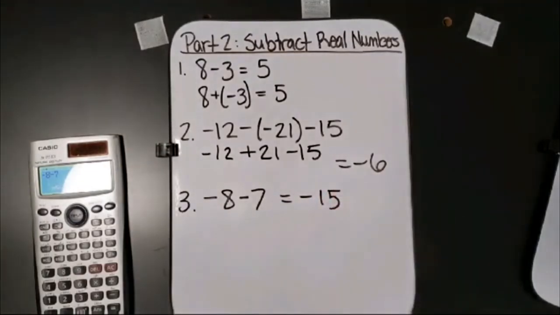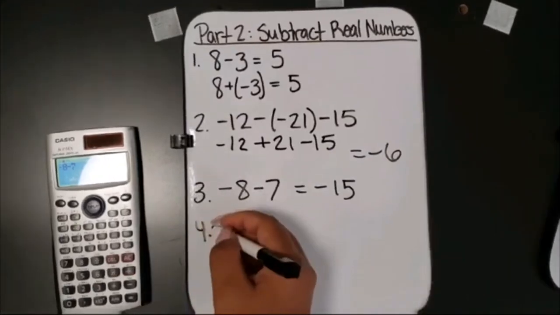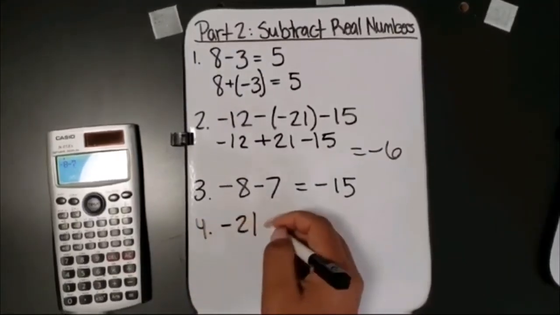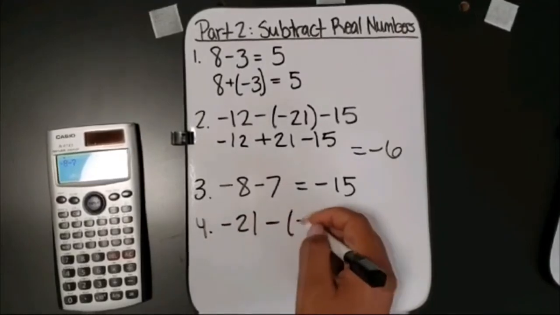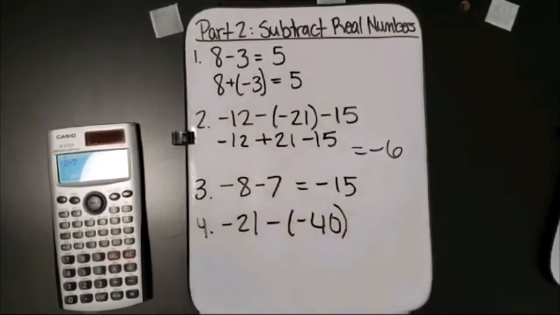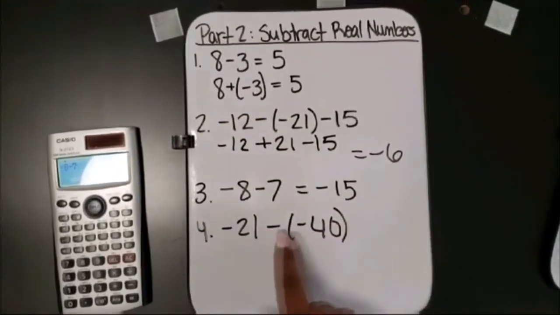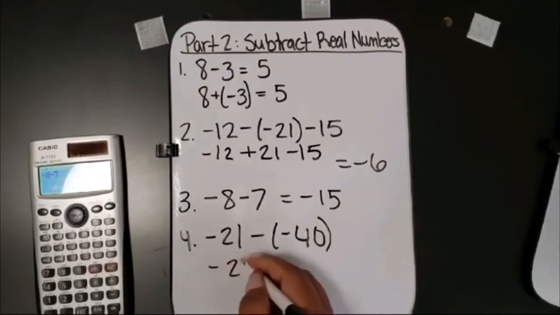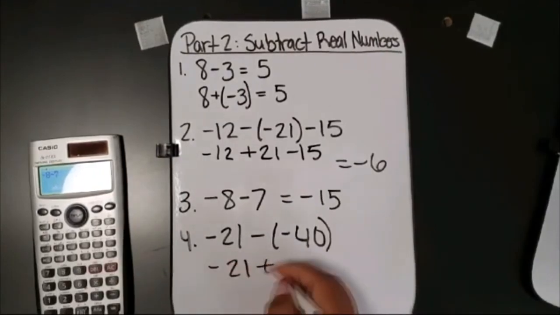All right, let's look at a few more. Number 4, we have negative 21 minus negative 40. So here we see that negative and negative again. So that means we can rewrite this as negative 21 plus 40.